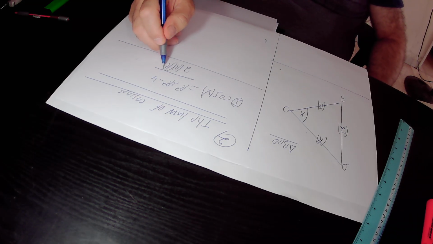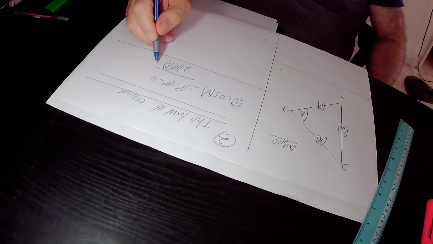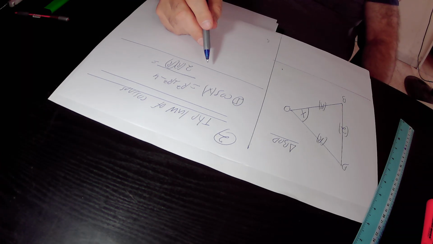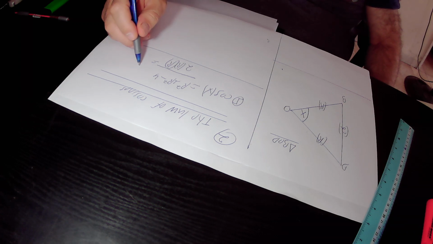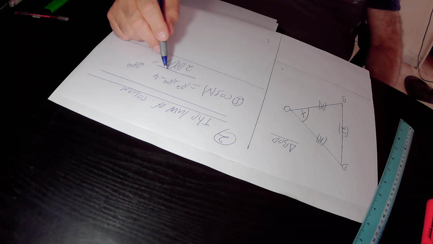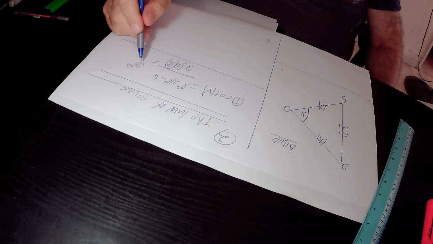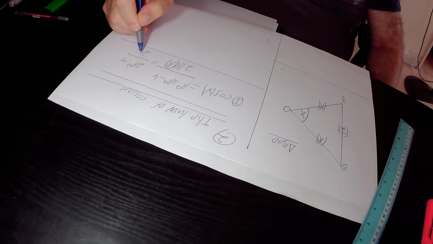So we find that according to equation 1, cosine x equals R square plus R square minus 4 over 2 times R square. R square plus R square is 2R square. So in the numerator we have 2R square minus 4, divided by 2R square.